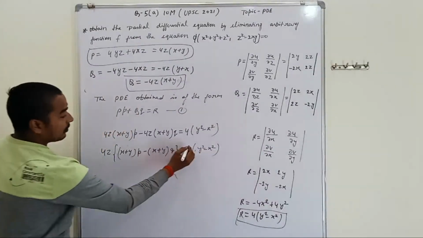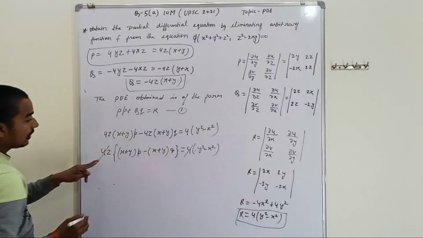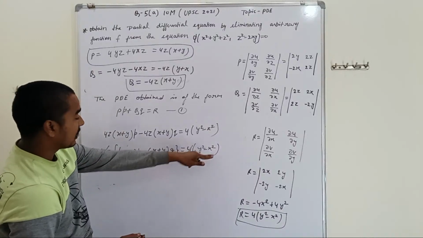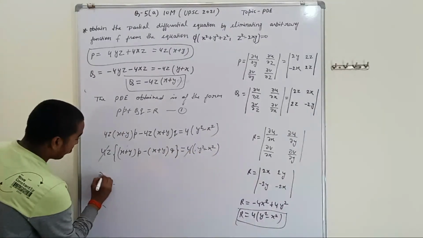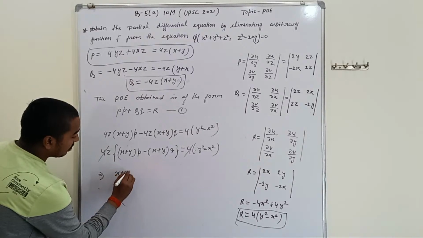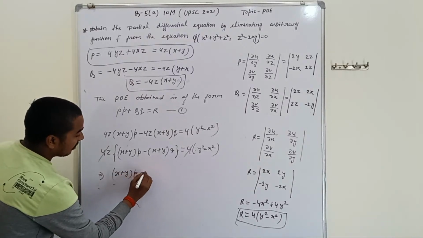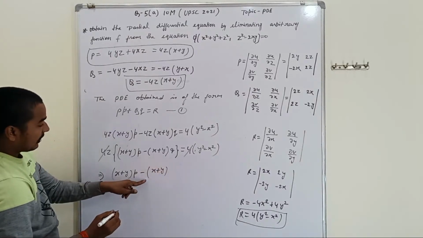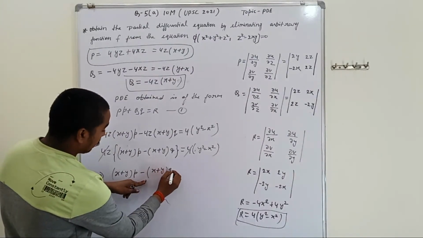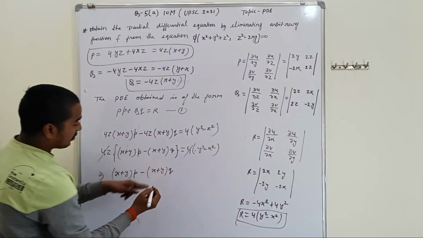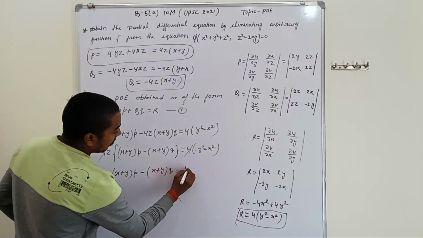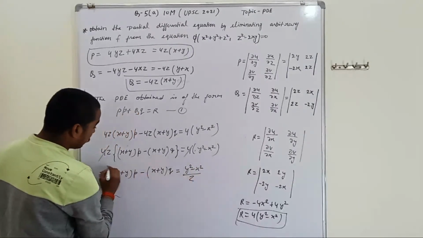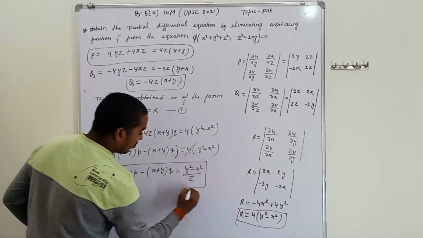From here 4 and 4 cancel out and z goes into the denominator, that is x plus y into p minus x plus y into q is equal to y square minus x square upon z. This is the required solution of the given problem.